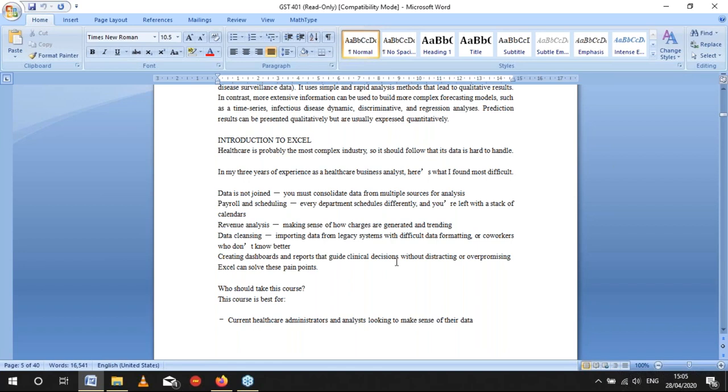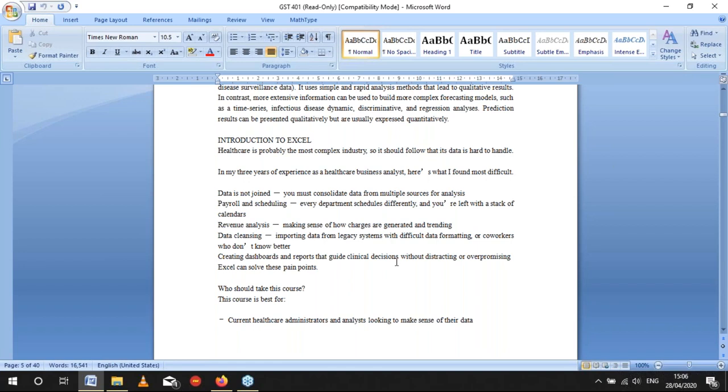Healthcare is probably the most complex industry, so its data is very hard to handle. I repeat, healthcare is probably the most complex industry, and so its data is very hard to handle. How?